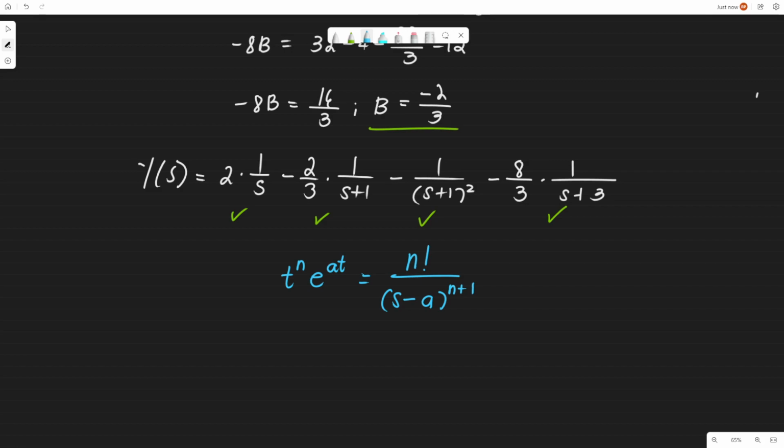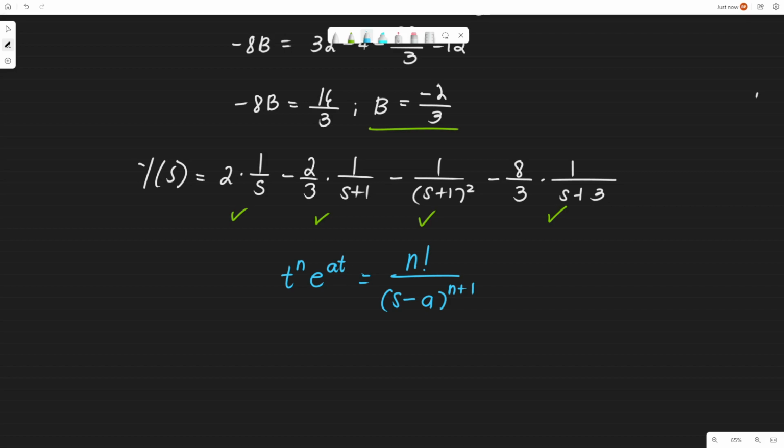Okay? So, yan yung kanyang Laplace transform. So, we can do this, no? So, since ang ating n naman is 1, no? So, this is s plus 1 quantity raised to 1 plus 1. So, ready na yung taas. So, we can use this one. Magiging ano natin dito is t e raised to negative t.